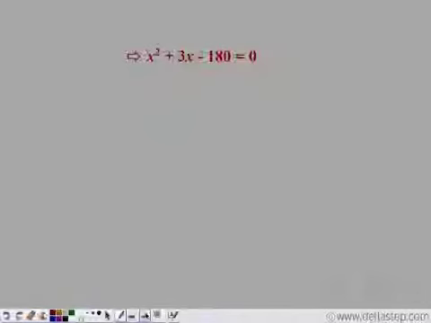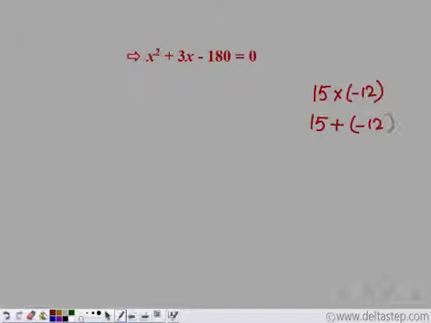Now, by trial and error, we see that the two factors are 15 and negative 12. So 15 into negative 12 gives us negative 180. Also, 15 plus negative 12 gives us 3, which is what we have here. So the two factors are 15 and negative 12.